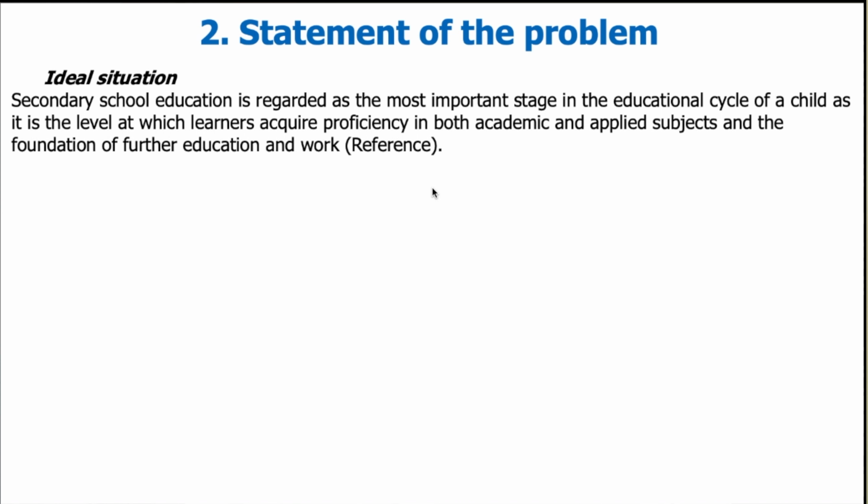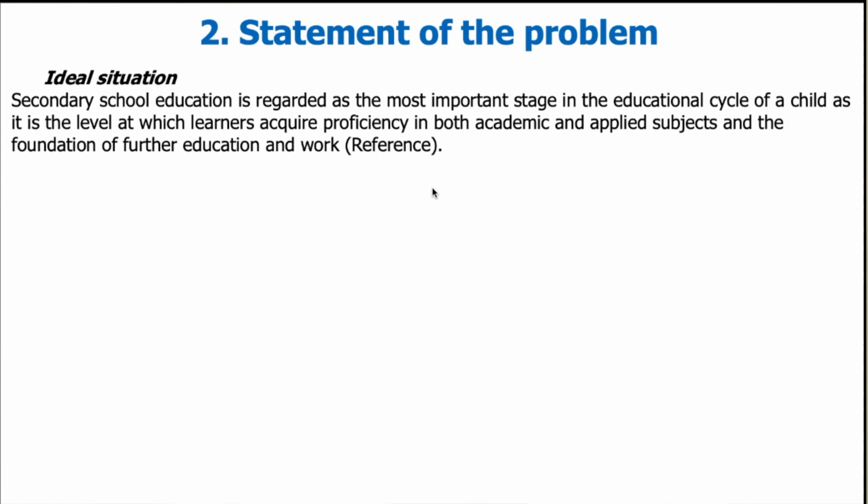Now, that's how it's supposed to be. But is it always the case? No. And we are blaming all this on drug and substance abuse. So ideally, education at a secondary school level is supposed to be very important, so you're supposed to eliminate all the problems that can make it ineffective.